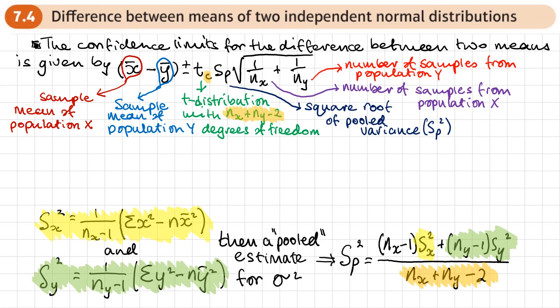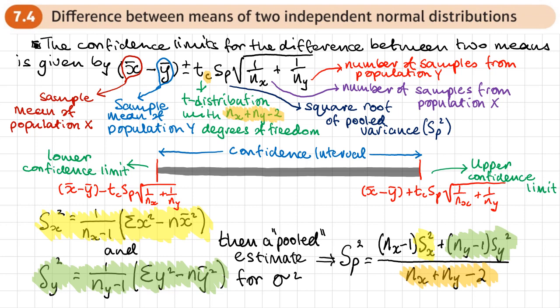Then that gets multiplied by the square root of the pooled variance. So we actually need to work this out first, square root it, and that goes here, and then that gets multiplied by the square root of 1 over the number of samples in population X plus 1 over the number of samples in population Y.